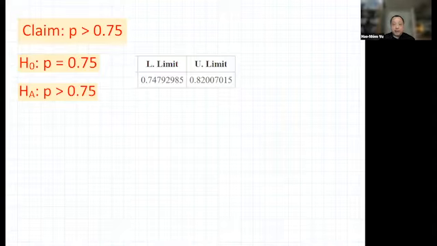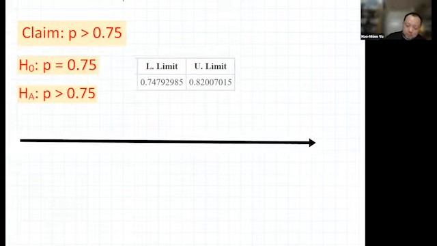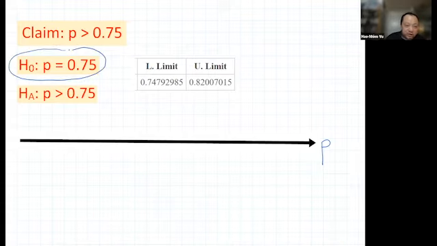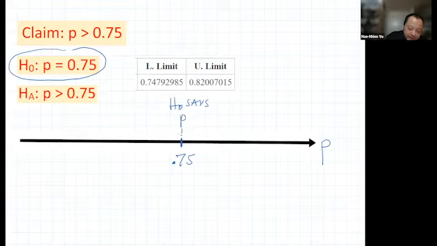Let's draw a diagram on the number line and figure this out. The parameter is population proportion P. The null hypothesis H0 says that P is equal to 0.75. So what H0 is saying is that P is right here. Let's call this 0.75. And H0 says P is right at this spot.